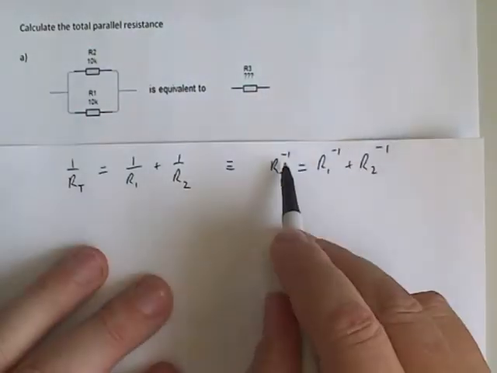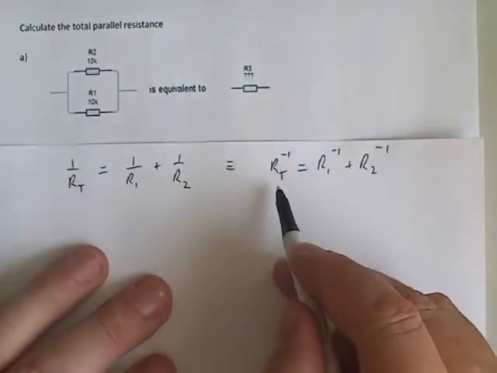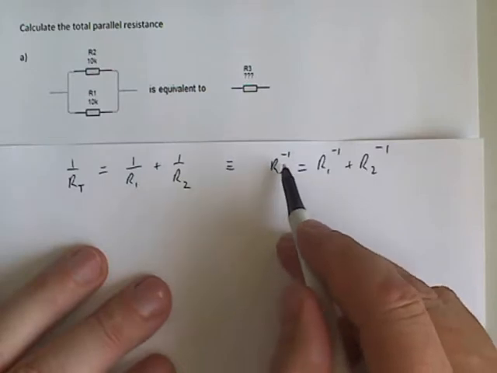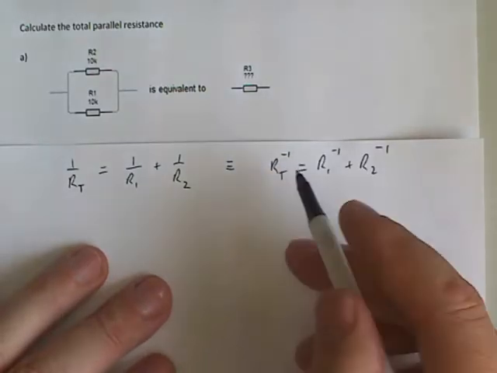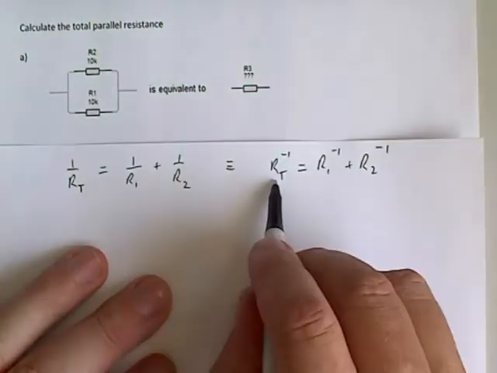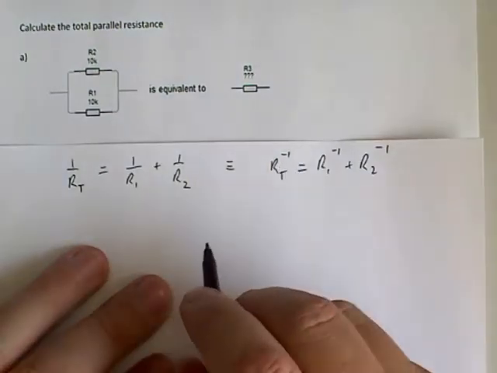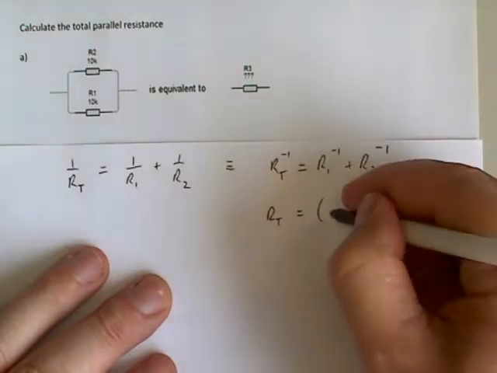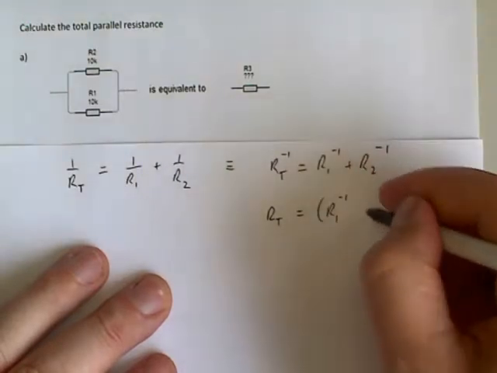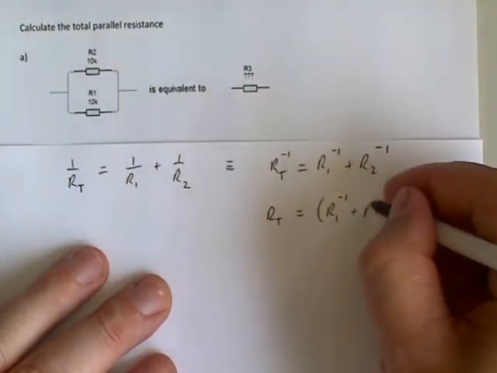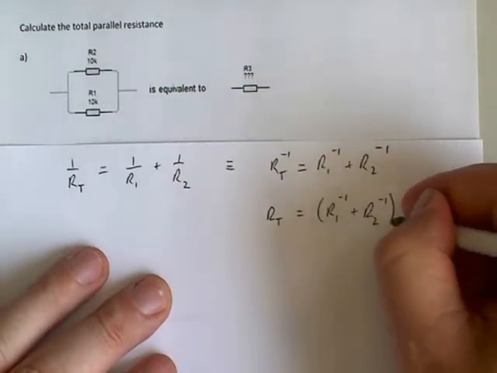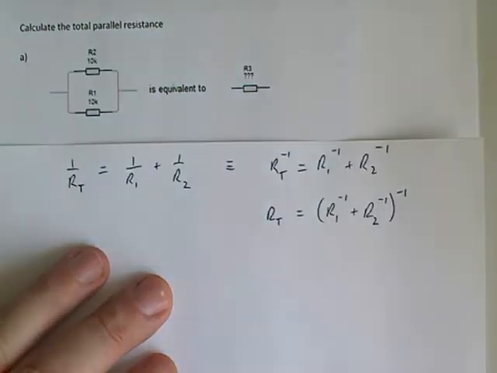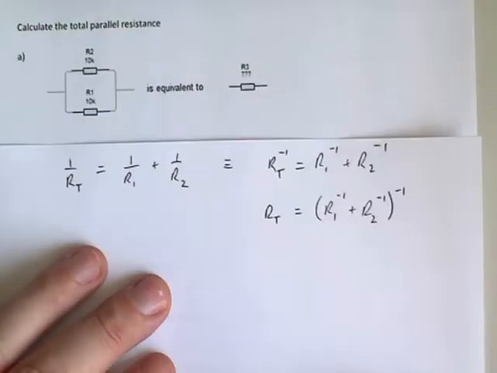Now you can do the reciprocal twice and end up with the same thing. So if I took the reciprocal of 1 over RT, I get RT. So RT is equal to R1 to the power of minus 1 plus R2 to the power of minus 1, all to the minus 1.